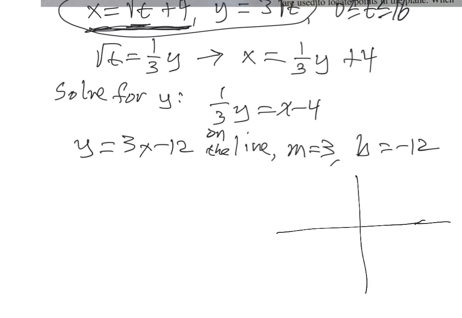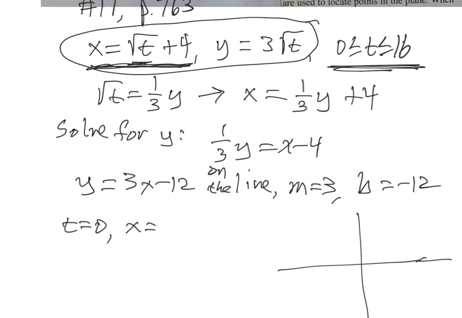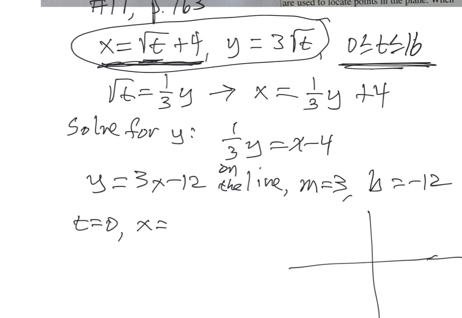Let's find out where we are. Notice we have a range of t values. So if t equals 0, x equals 4, and y equals 0. And at the opposite end, t equals 16, x equals 8, and y equals 12.